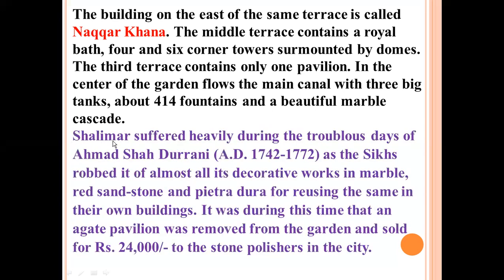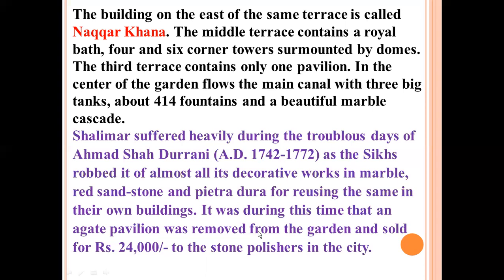The Shalimar Garden suffered heavily during the troubled days of Ahmad Shah Durrani, as the Sikhs robbed it of almost all its decorative works in marble, red sandstone, and Pietra Dura for reuse in their own buildings. So it was robbed.